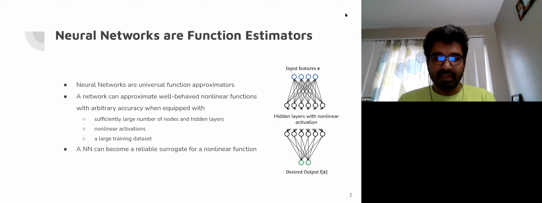In this way, a neural network can become a very reliable surrogate for a nonlinear function. If you know the outputs for a large number of sample points, you can probably train a neural network to reliably approximate the function that these inputs and outputs represent.